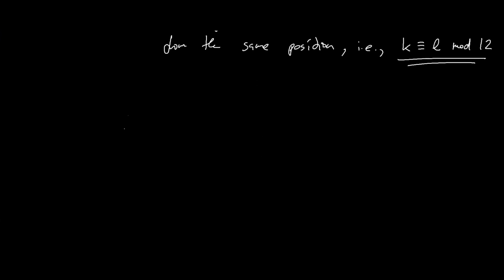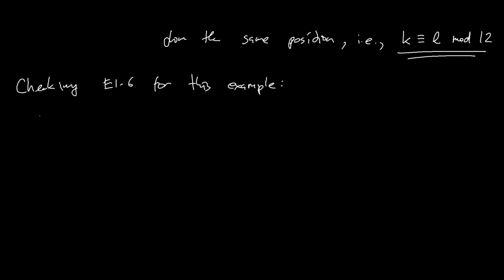Let me first write down that we are checking axioms E1 to E6 for this example. So we said that reflexivity is fine, symmetry is fine. By the way, if I'm saying something that you either don't agree with or don't understand or don't follow, please do interrupt. Transitivity is fine.